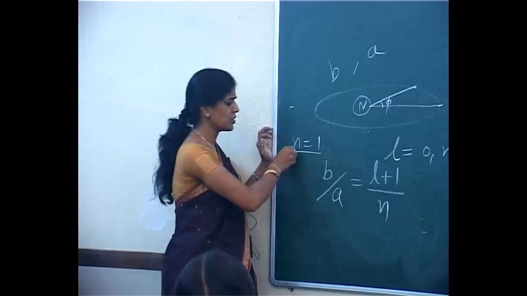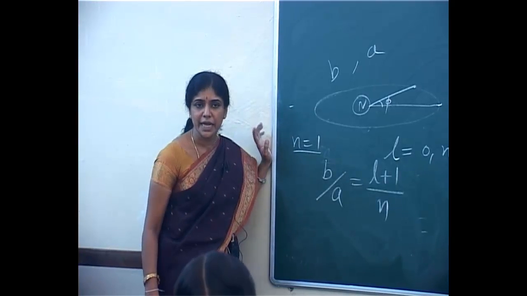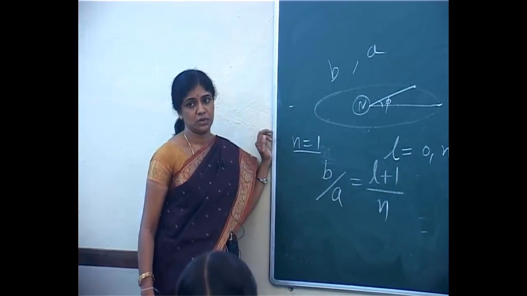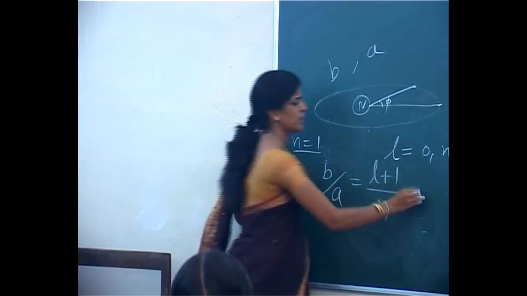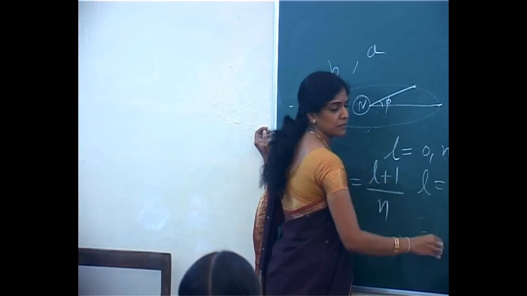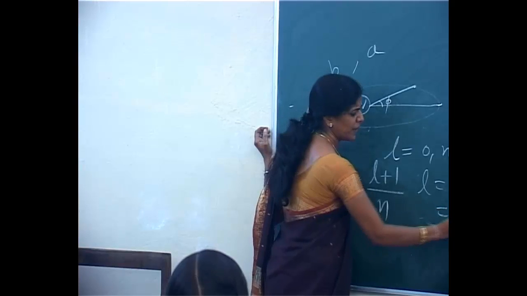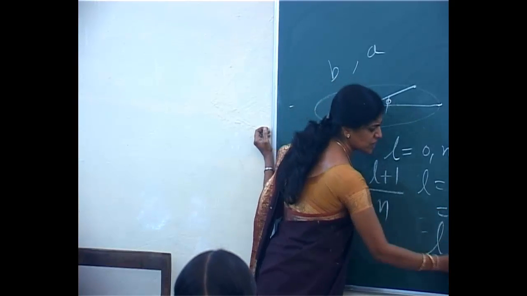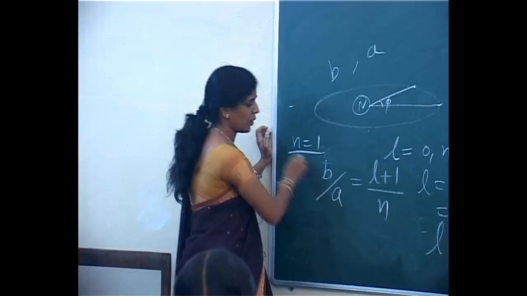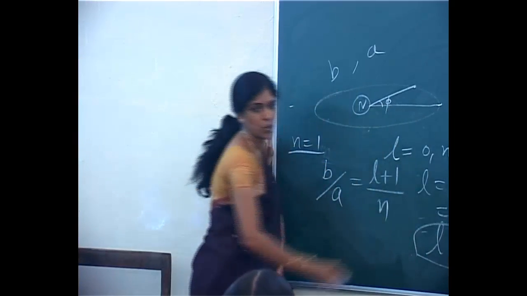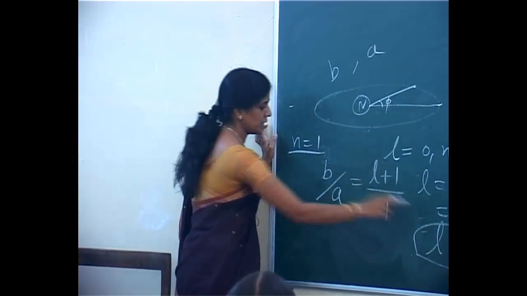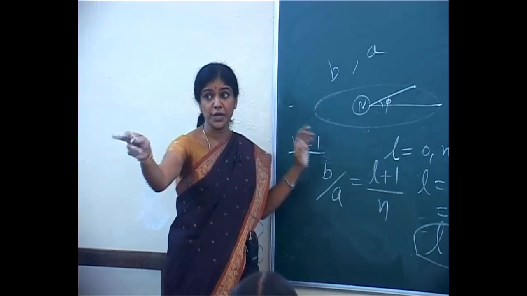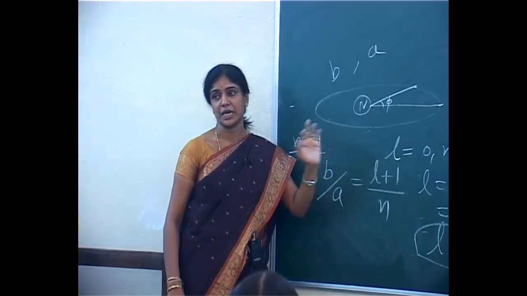Now when the electron is in the first orbit, how many values can L take? L equal to n minus 1, so 1 minus 1, L equal to 0. When n equal to 1, L equal to 0. Clear? Now substitute these two values in the formula and find the semi major and semi minor axis.